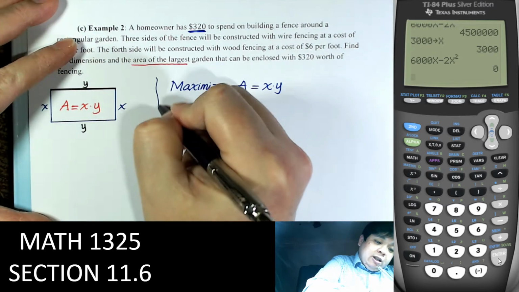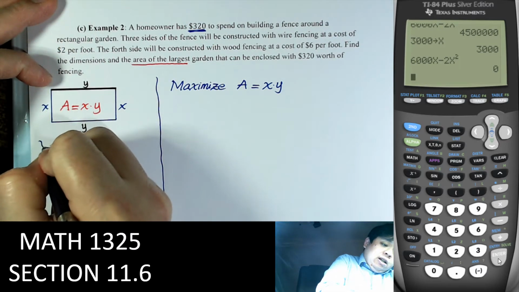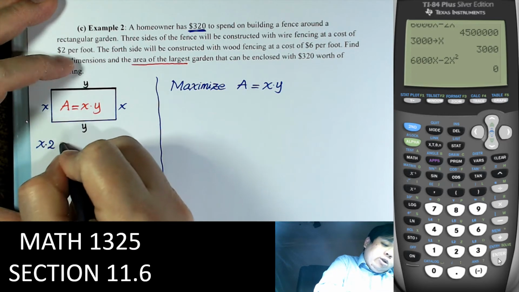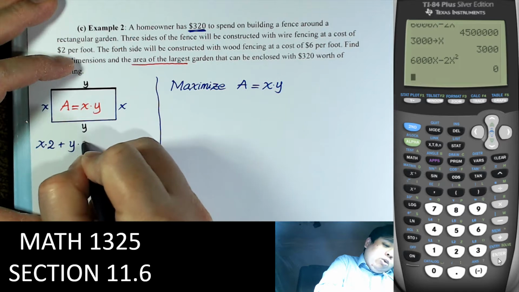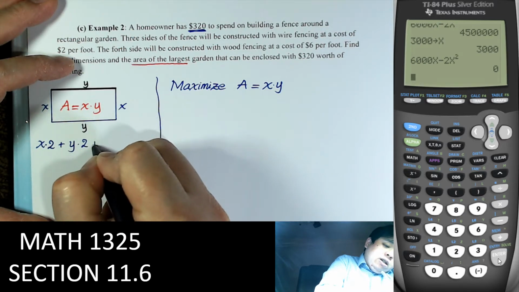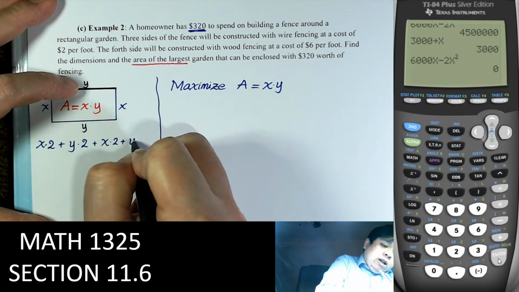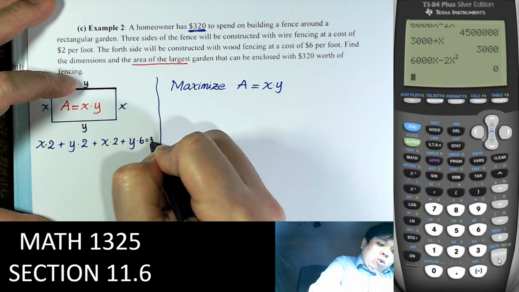So let's see. X here is wire fence, so that's $2 each foot. Y here, also wire, $2 each. This X, $2 each, and this Y, wooden fence, $6 each, and we want to use $320.